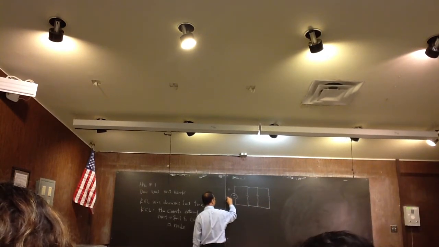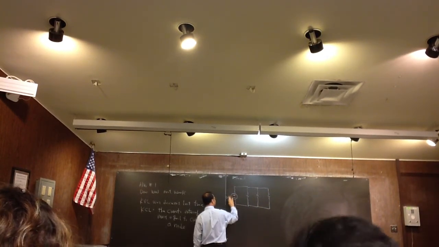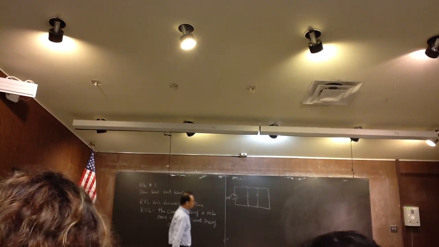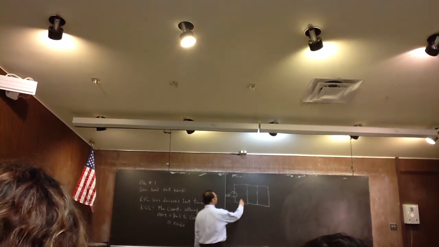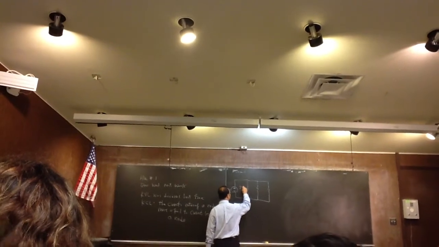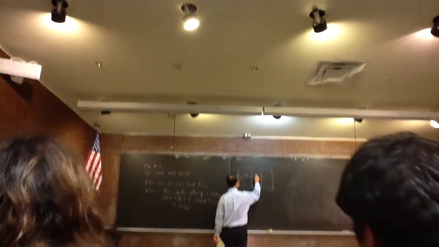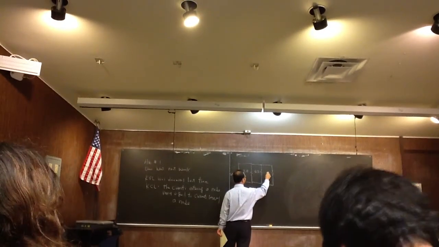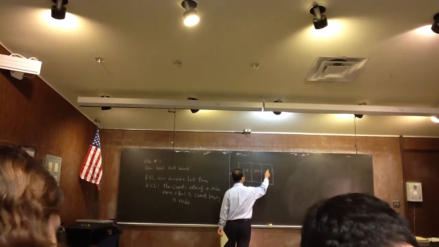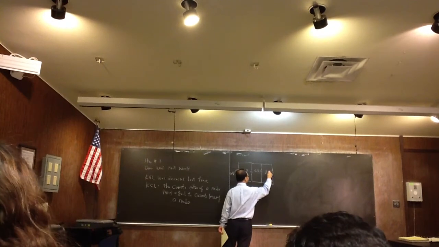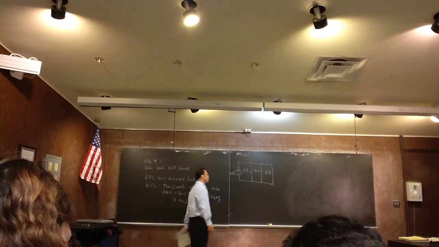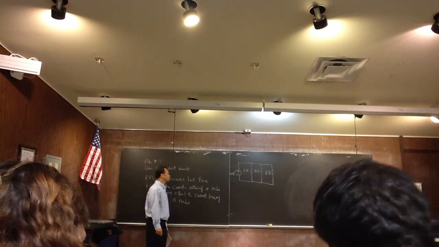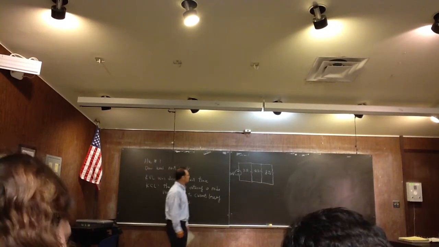Say you have a node right here. The voltage source. And then let's say this is 2 ohm. This is 4 ohm. This is 8 ohm. Right?